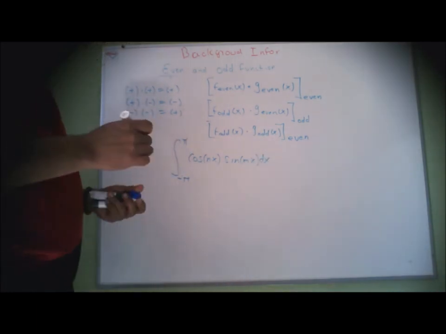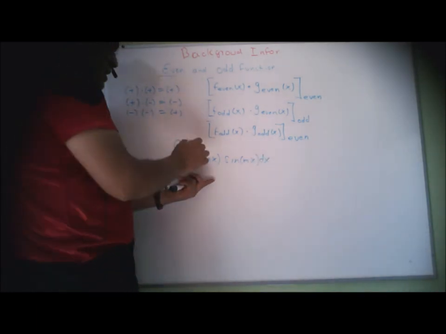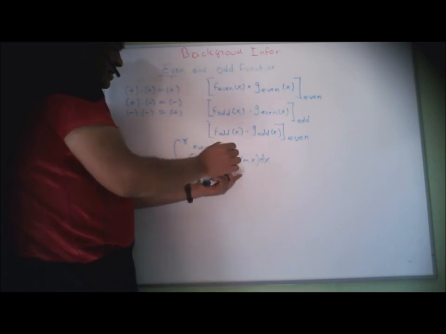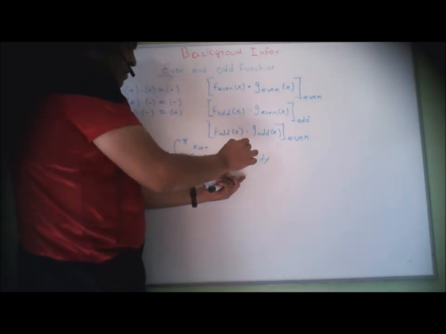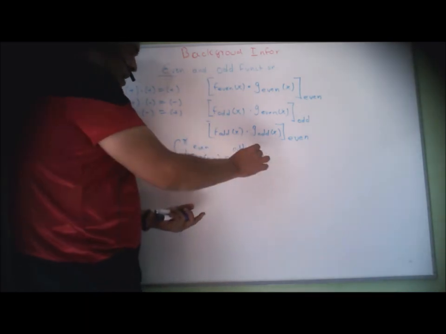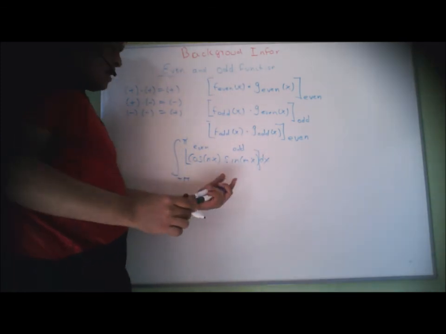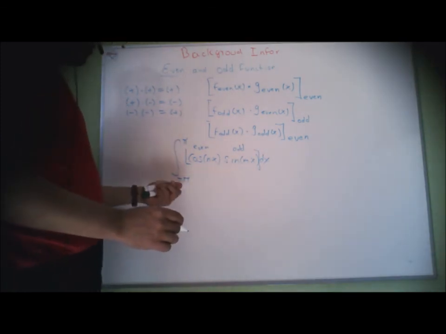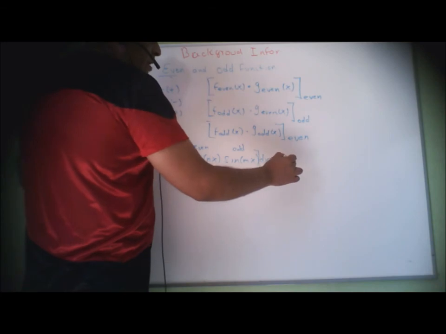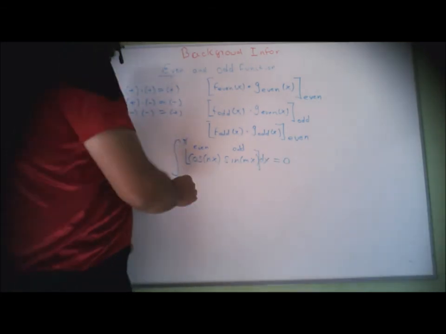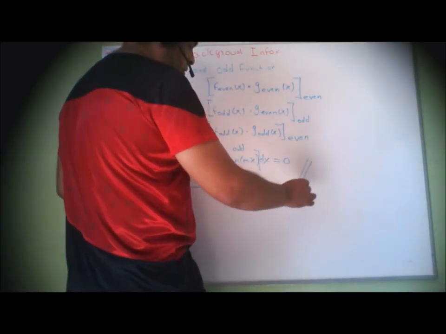Alright, now, because the cosine is an even function and the sine is an odd function, the result of this is an odd function. Now, the integral of an odd function from minus pi to pi is going to be equal to 0. So this is just another formula that we are going to need.